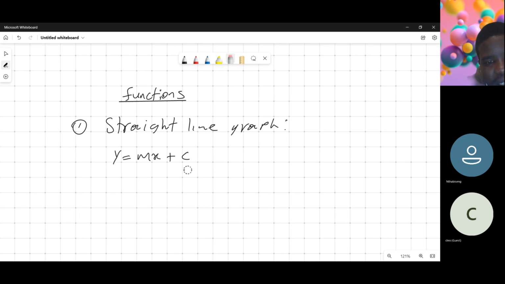That is the only thing that will help us understand the graph. By just looking at the equation or the graph, we will be able to tell the value of m and c. So in this standard form, y equals mx plus c.